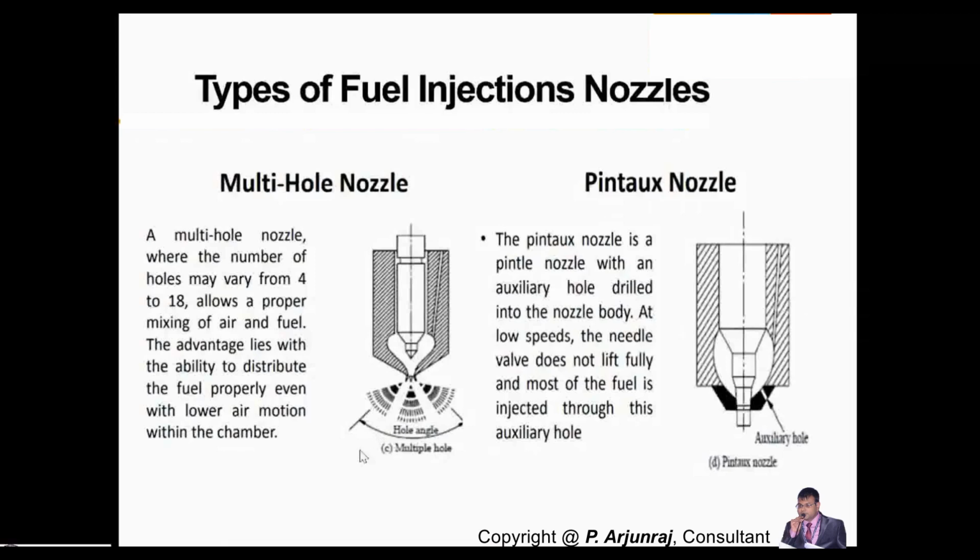Basically, the cone angle will be higher in the case of a multi-hole nozzle. And again, this allows a proper mixing of air and fuel mixture.